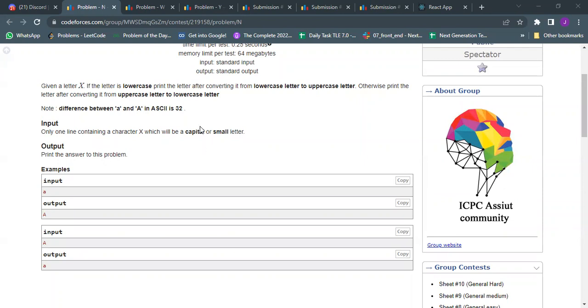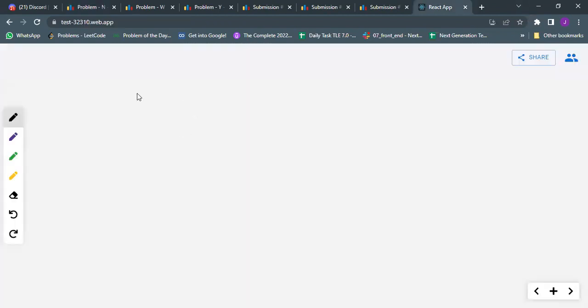Okay, so basically, you know about the ASCII characters, right? That every character has a numeric value assigned to it. For example, small a has a value of I think 97, and capital A has a value of like 65.